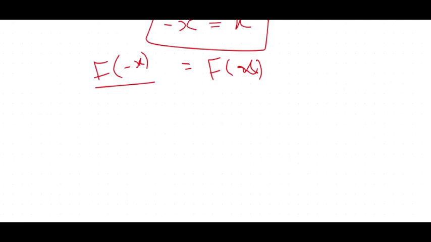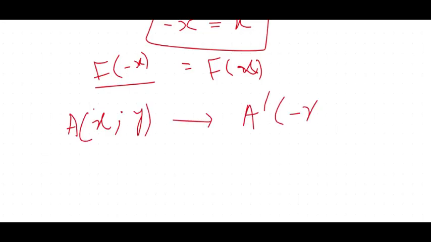So we have a mapping where a point (x, y) maps to A prime, (minus x, y). This is what I have to show.